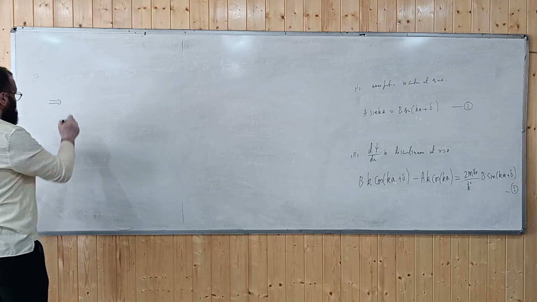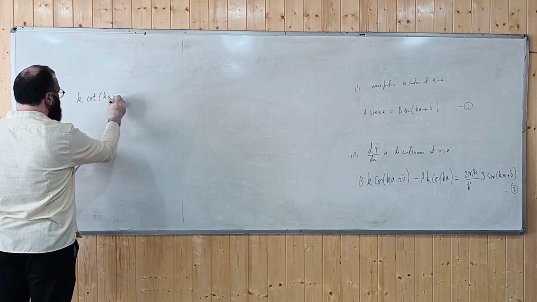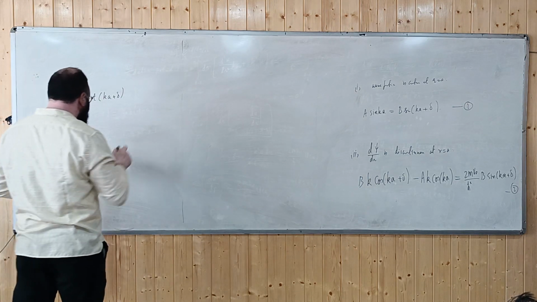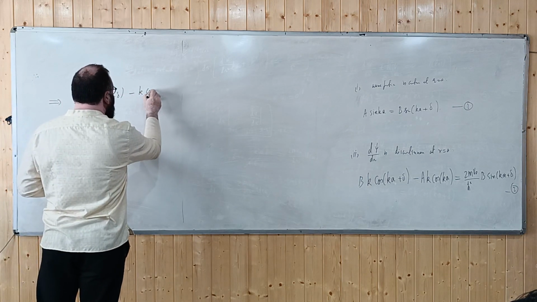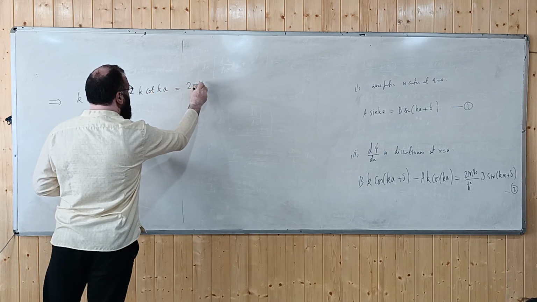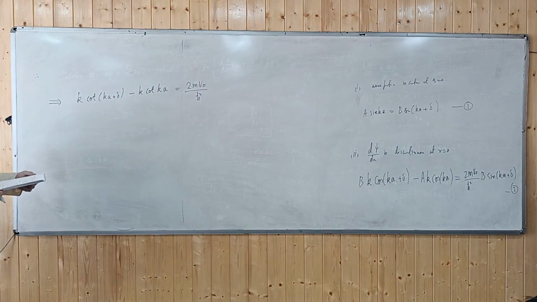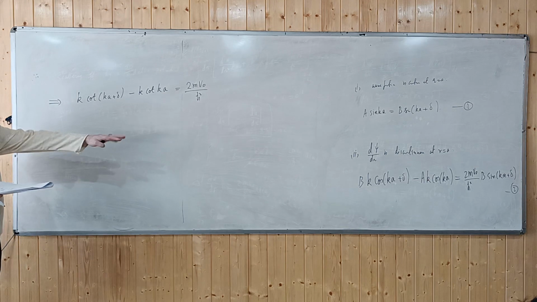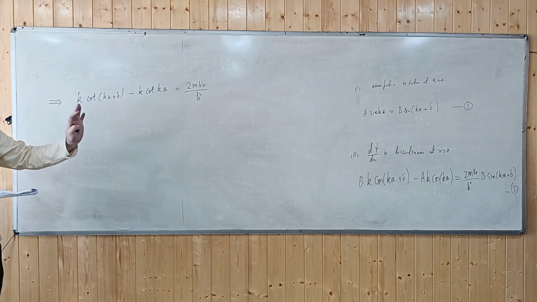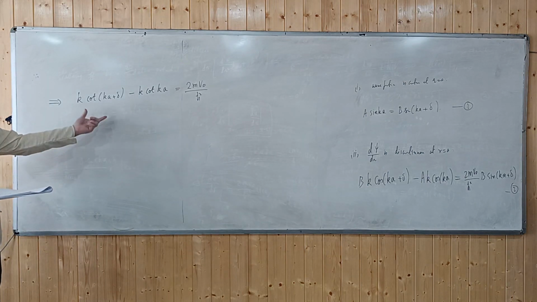It will be k cot of ka plus delta, because cos divided by sine is cot, minus k cot of ka, equal to twice m v naught by h cross square. Got it? So this is the equation. Simply eliminate, put the b by a ratio there. That means you have eliminated two constants, and you will arrive at this equation.